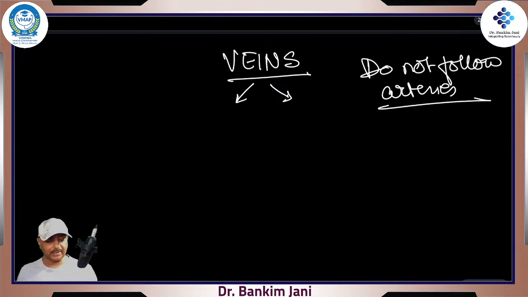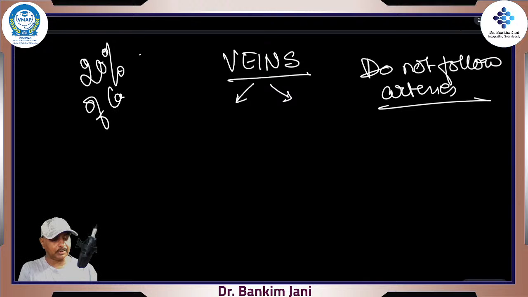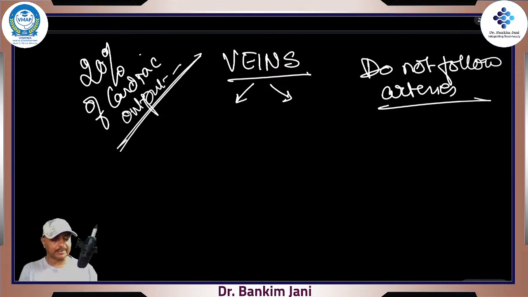But one thing is very clear, that the brain consumes about 20 to 22% of cardiac output. So much is consumed by the brain even when the brain is at rest.